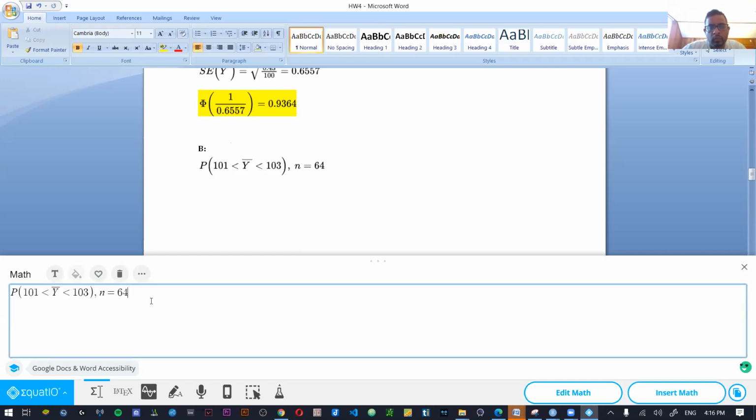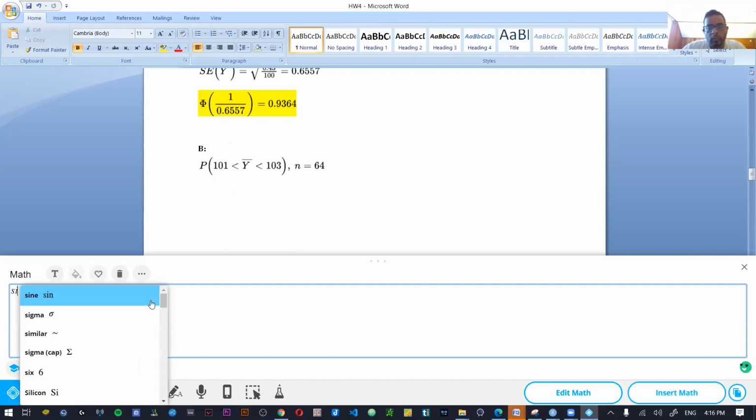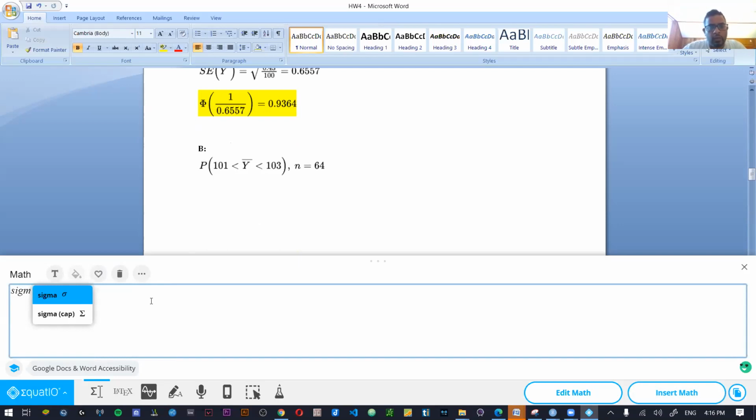So in this case, we need to find the standard deviation of the sample again. That is, we need to find again what we found before.